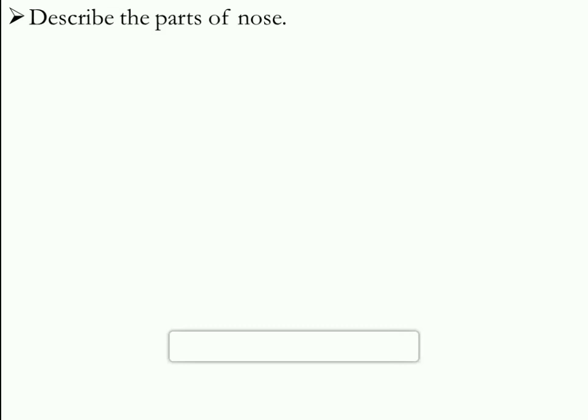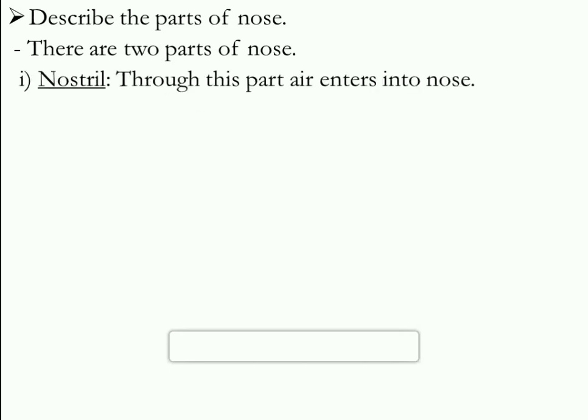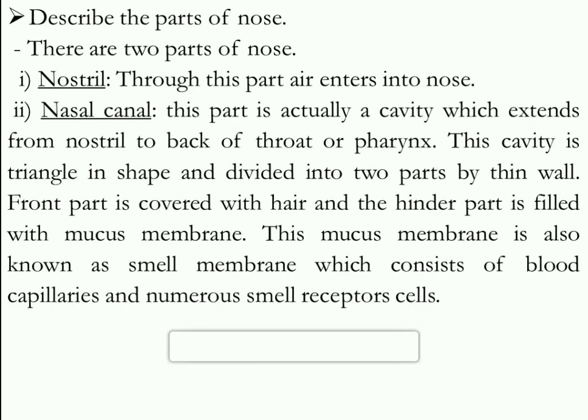Now let us learn about the parts of the nose. Earlier we got to know about two parts of the nose. There is the nostril. The nostril is the part through which air enters the nose. That means the beginning of the nose, the holes which are already there, are known as the nostril. The second part is the nasal canal.